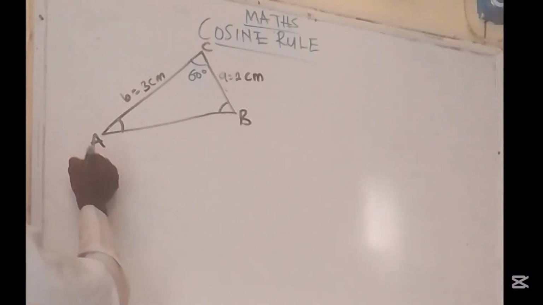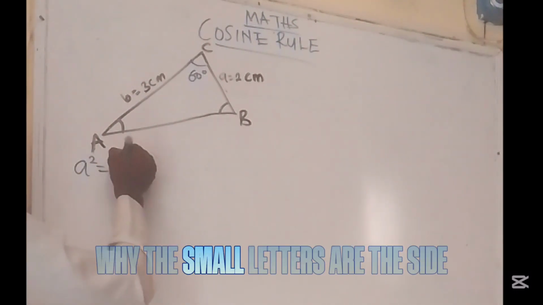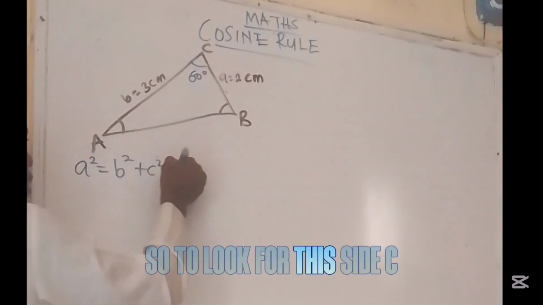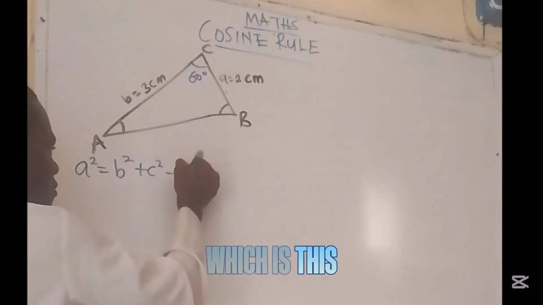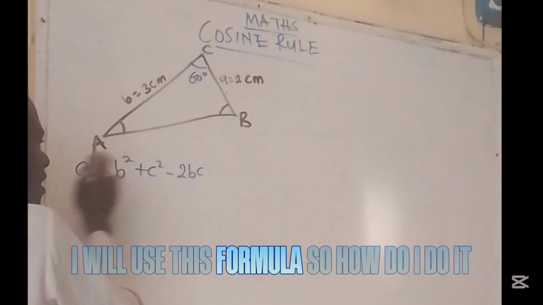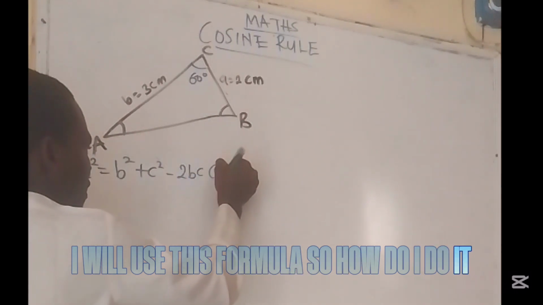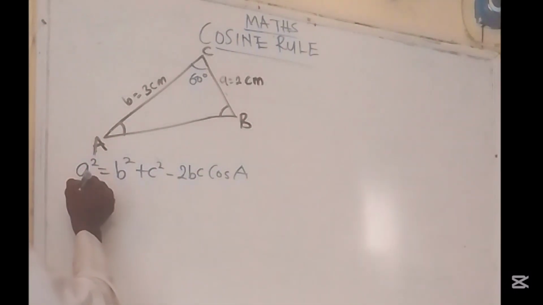It says that a square equals b square plus c square minus 2bc cos A, but this one will be in capital letter.